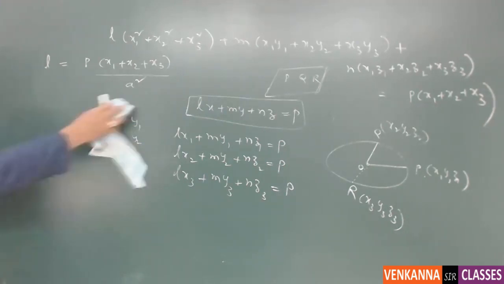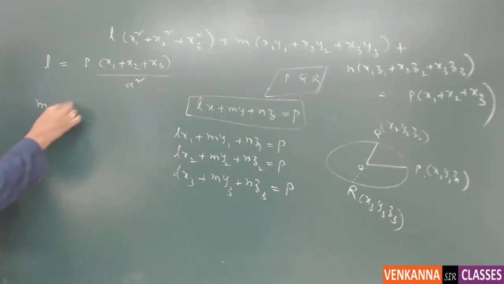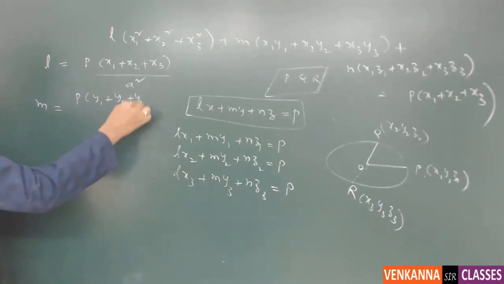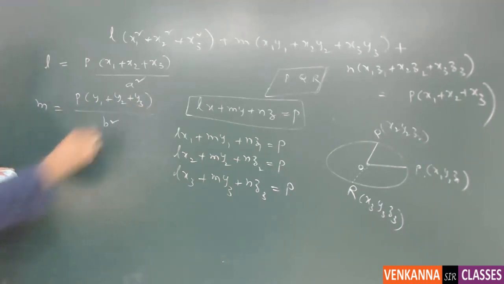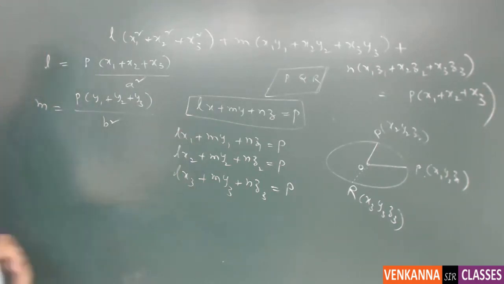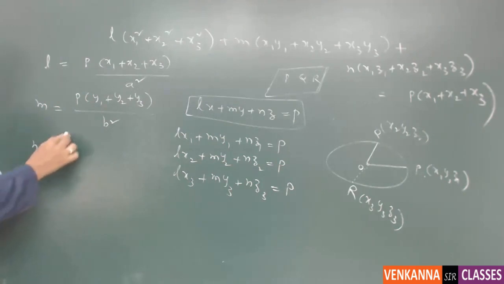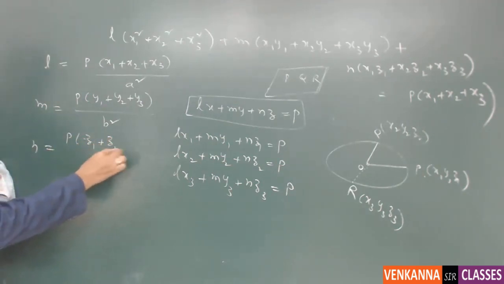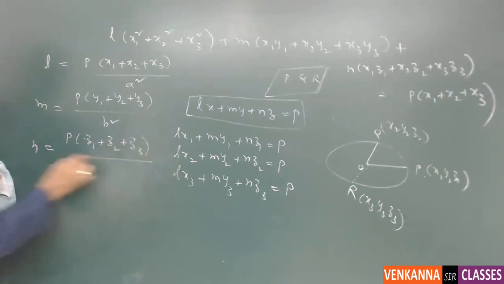Then you will get M = P(y1 + y2 + y3)/b square. Similarly, if you multiply with z1, z2, z3 and add the equations, you will get N = P(z1 + z2 + z3)/c square. So these are the values of L, M, N we got.